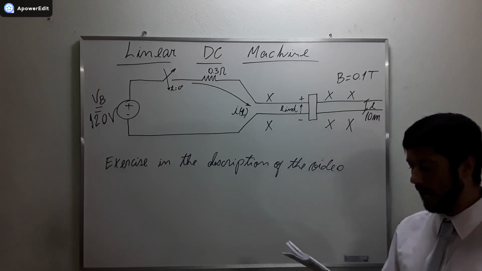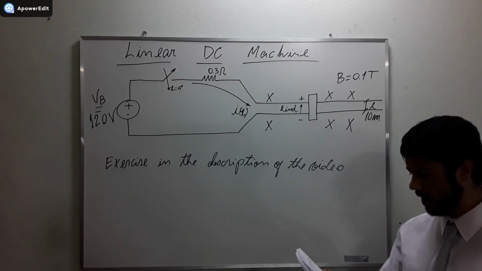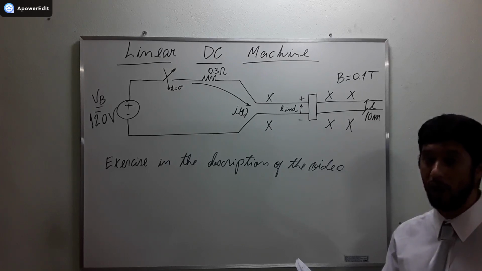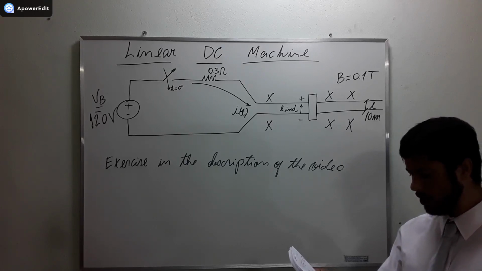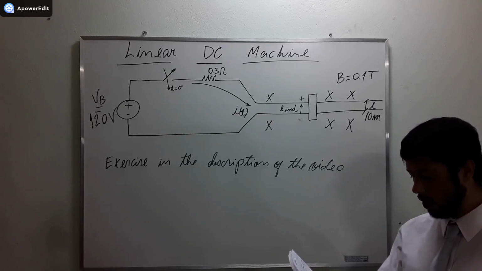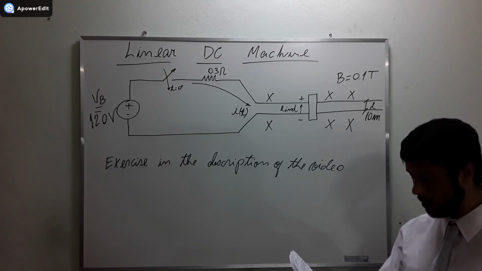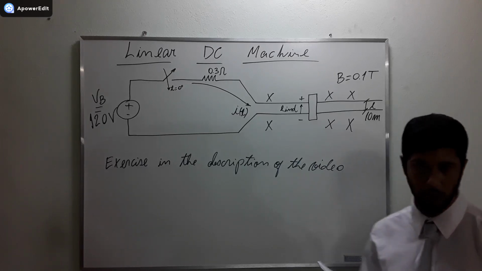Letter C, assume that the bar is unloaded and that it suddenly runs into a region where the magnetic field is 0.08 Tesla. What is the new velocity? And letter D, if a 30 Newton force to the right is applied, what is the steady state velocity? How much power is the bar producing? How much power is the battery consuming?